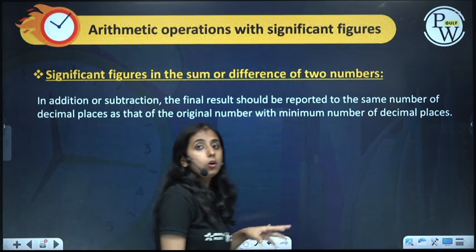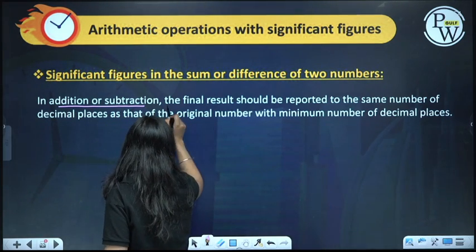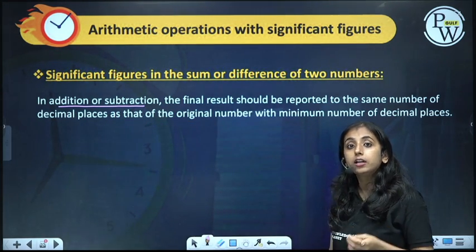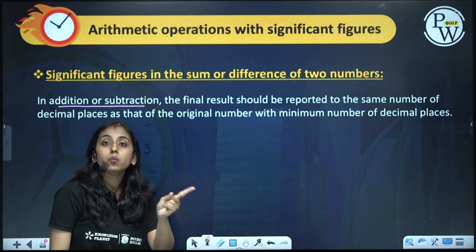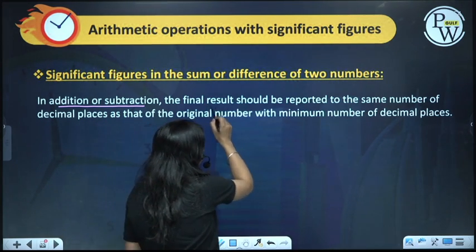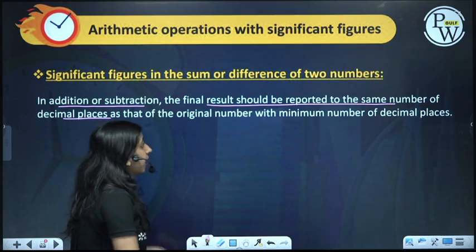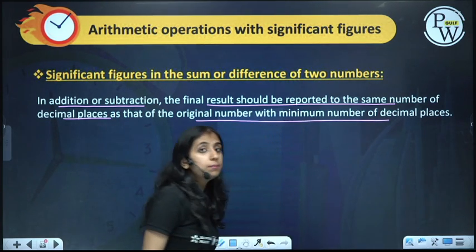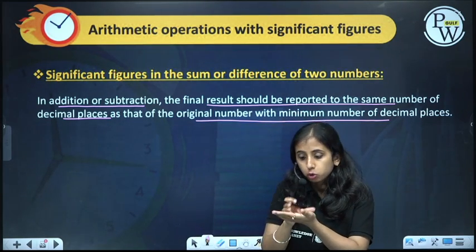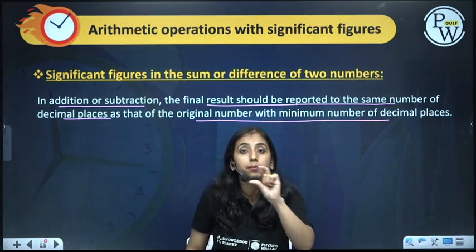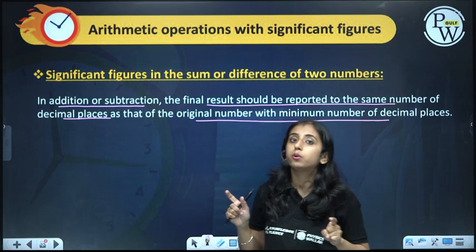If we have addition or subtraction of two numbers, then the final result should be reported to the same number of decimal places as the original number with the minimum number of decimal places.